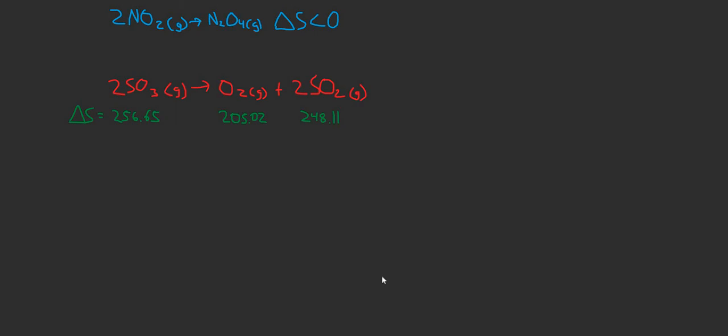If you remember, enthalpy and Gibbs free energy are typically calculated and tabulated in terms of kilojoules. So just keep in mind that your delta S values are going to mostly, almost all the time, be shown in joules. So that will be important when you go to do some Gibbs free energy calculations.